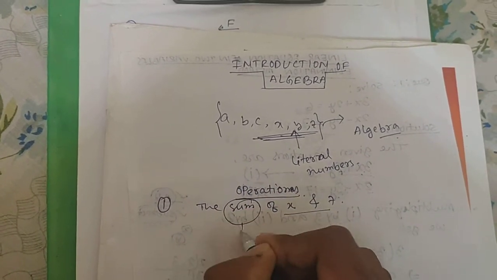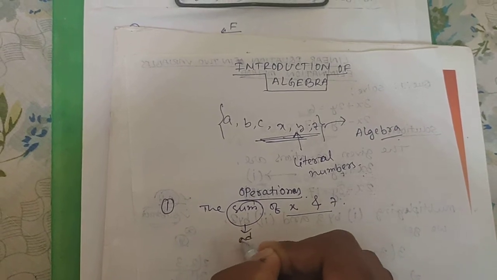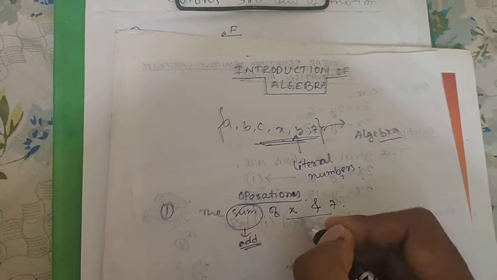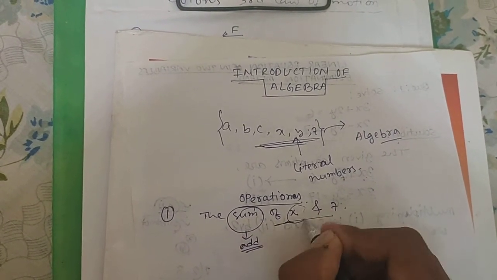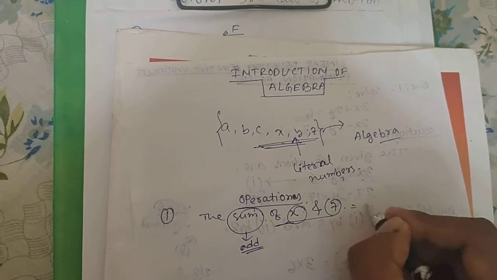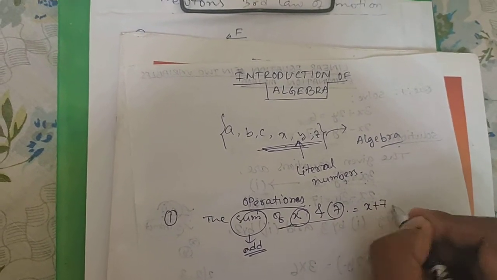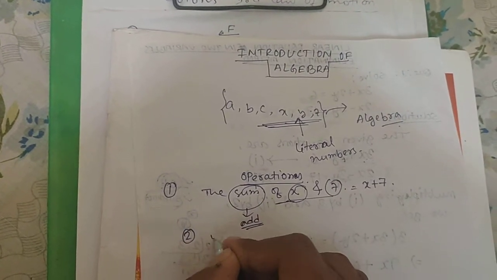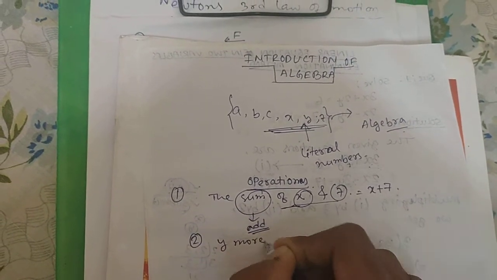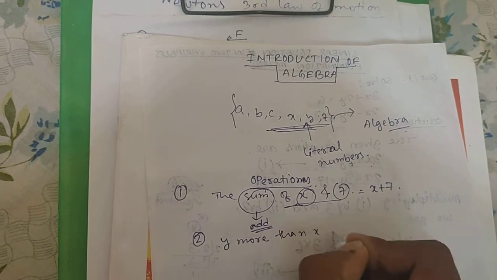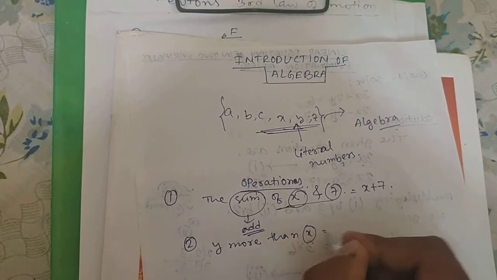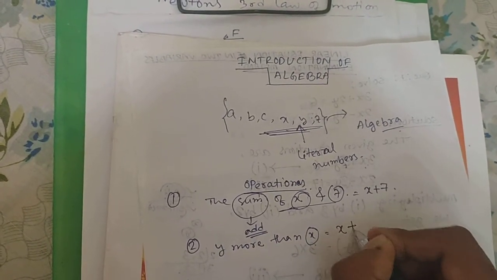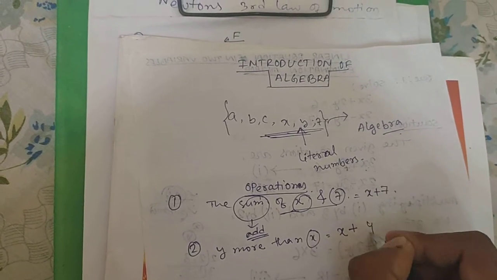Sum means addition of x and 7, which means x plus 7. If it is written y more than x, this means x plus y.